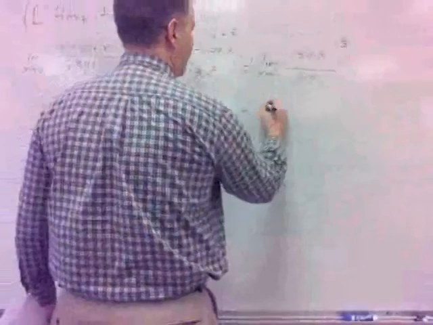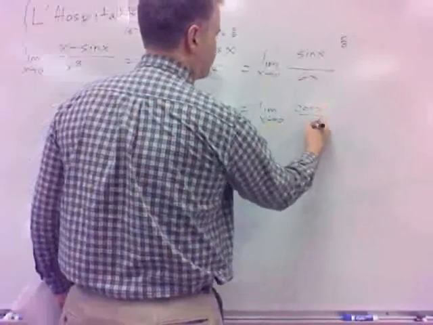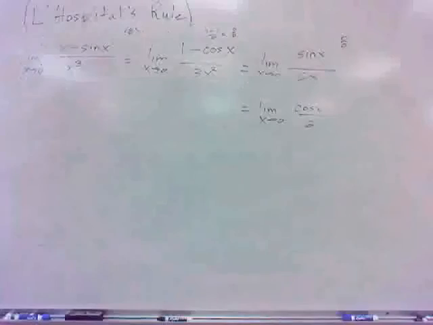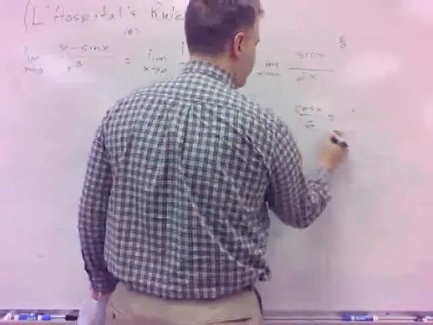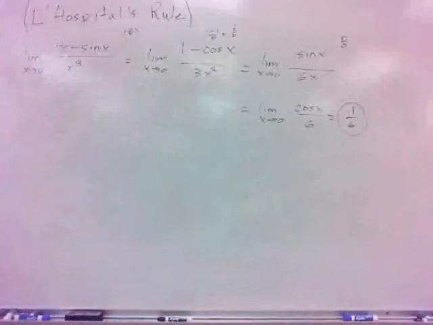So we're going to L'Hopital a third time. That would be cosine of x over 6. Aha! Cosine of x, what does it go to? 1. 6 goes to 6. It's 1/6. The limit of x minus sine of x over x cubed is 1/6.